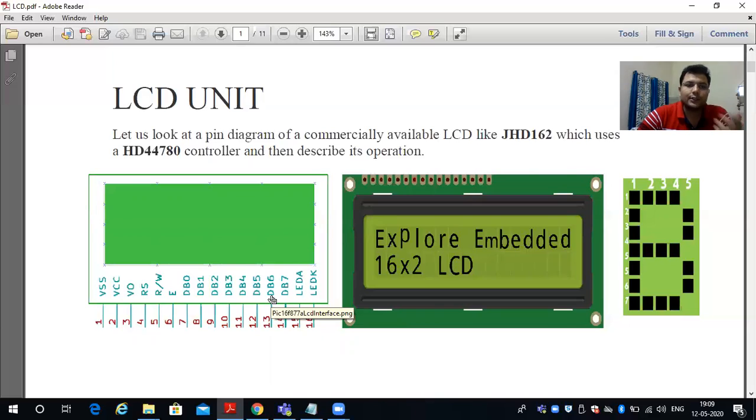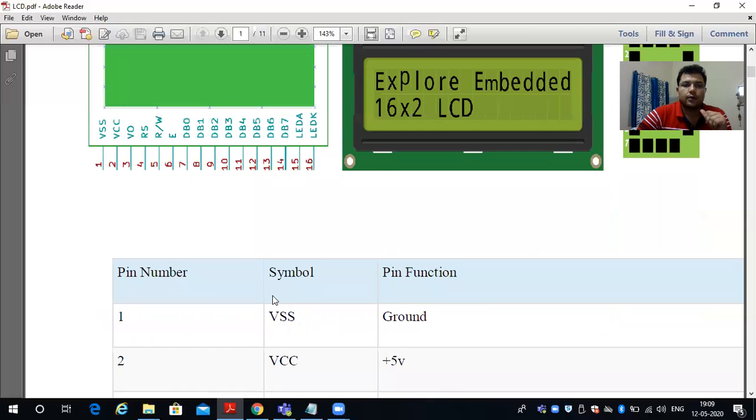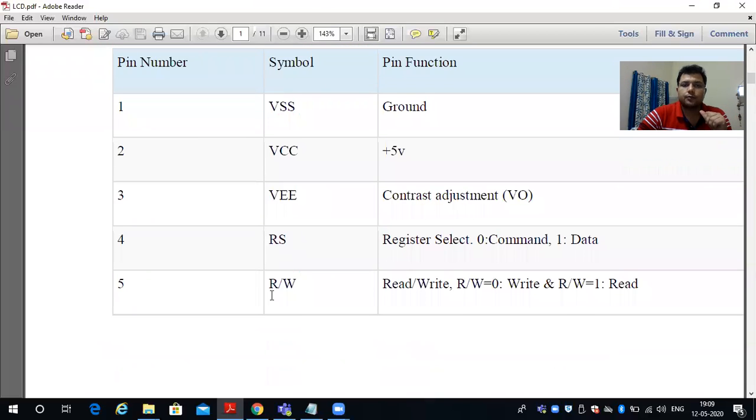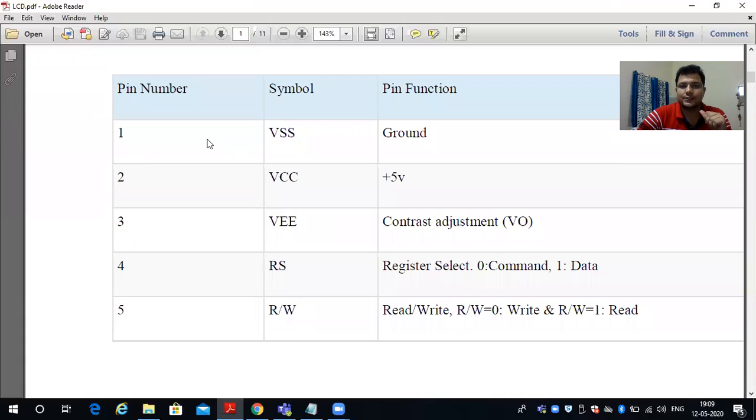Now we'll see the importance of the control pins: register select, read write, and enable. And here it is, the first pin is grounded. This is plus 5 volt to power up the device. This is contrast adjustment, which also happens through voltage regulation.